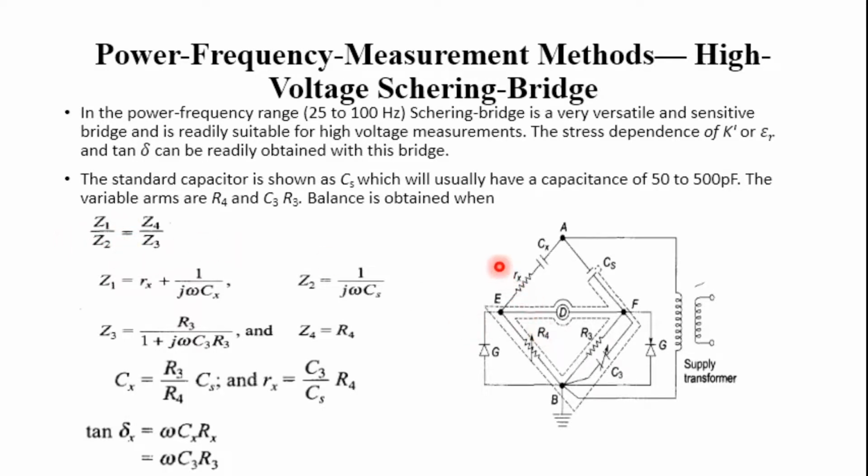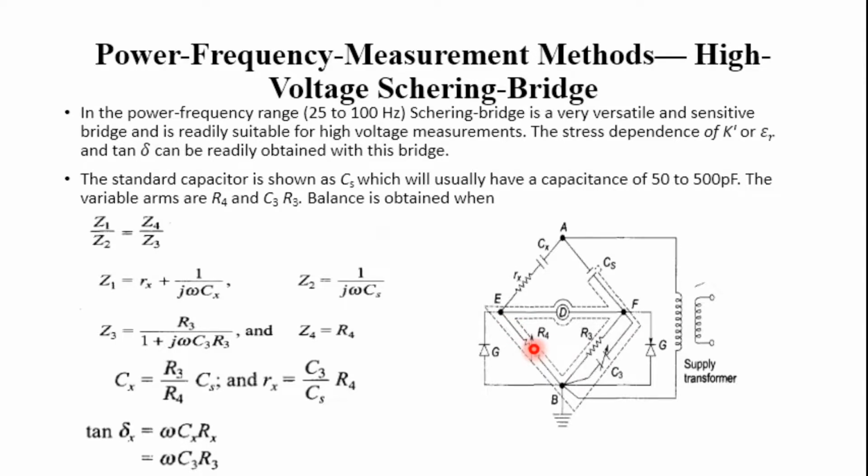So we know that Z1 is the series connection of Rx and the capacitance Cx. Z2 is nothing but the standard capacitance Cs, that is 1 by j omega Cs, and Z3 is the parallel combination of R3 and C3. After simplification, you will get R3 by 1 plus j omega C3 R3, and the variable impedance is only the resistance R4.